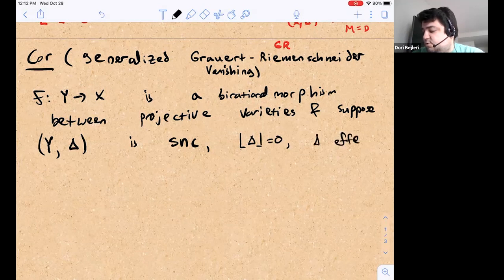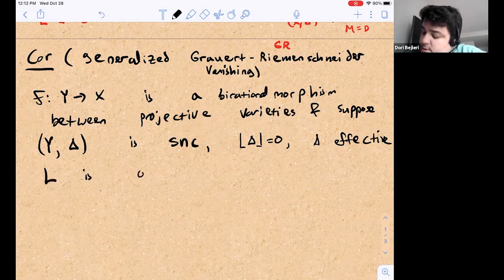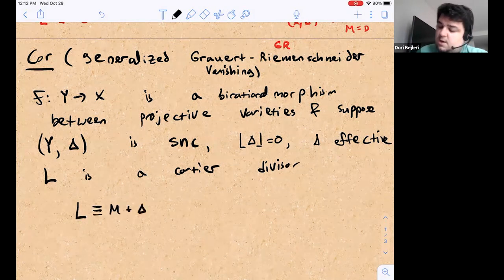So equivalently, the coefficients are strictly between 0 and 1. Let's say L is a Cartier divisor with the usual assumption, well, with one difference. So let's say that L is equivalent to M plus delta, where we're only going to assume that M is nef.